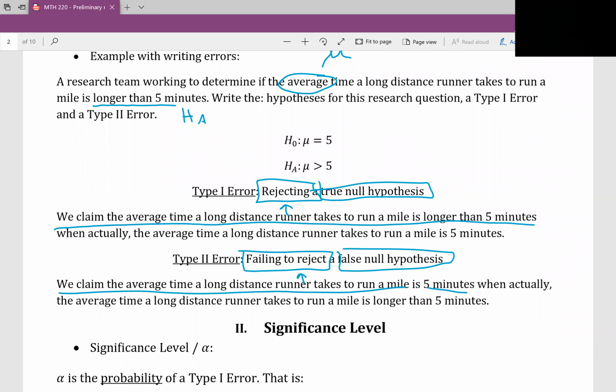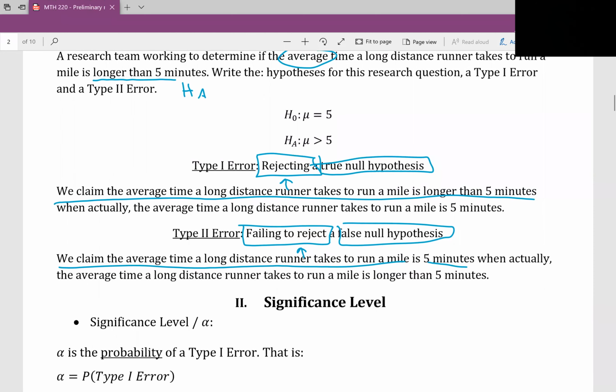So that would be the definition. We can write that in math syntax as alpha equals the probability of a type 1 error. Remember that capital P in front of the open parenthesis stands for probability of.